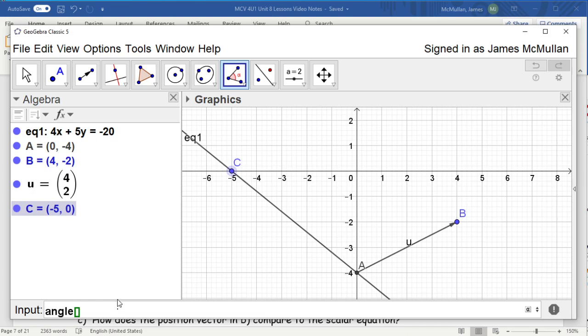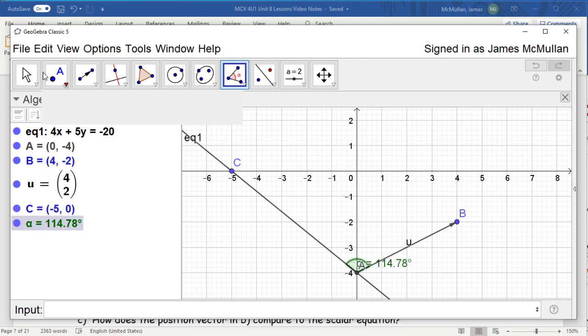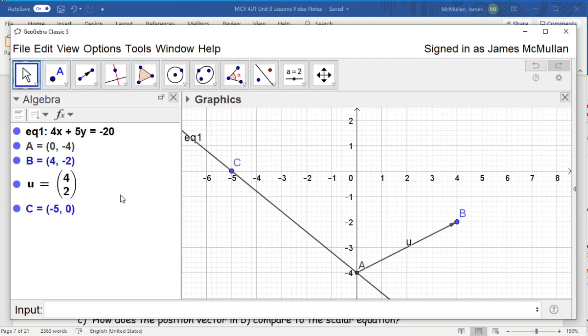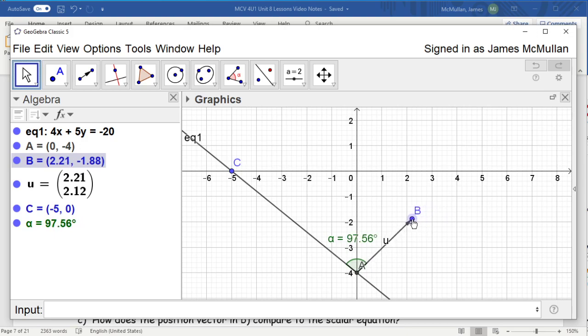So angle BAC. I'm trying to figure out where B should go so that this becomes 90 degrees. I should have thought this through more. There we go.